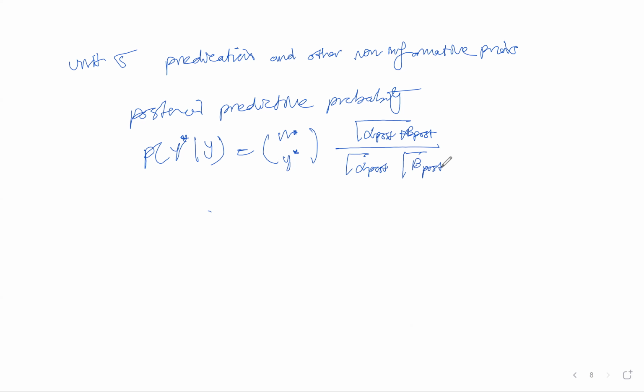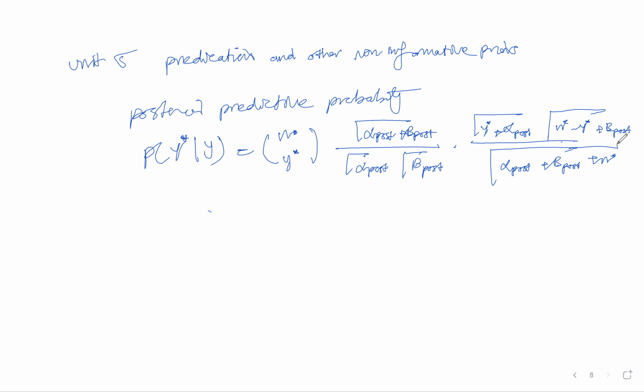So everything is based on the posterior distribution. Times gamma of Y star plus alpha posterior, times gamma of N star minus Y star plus beta posterior, divided by gamma of alpha posterior plus beta posterior plus N star.